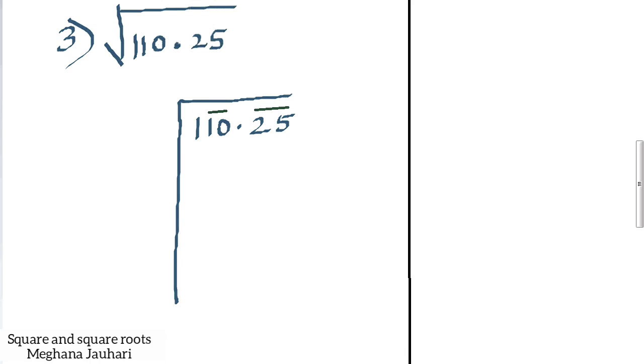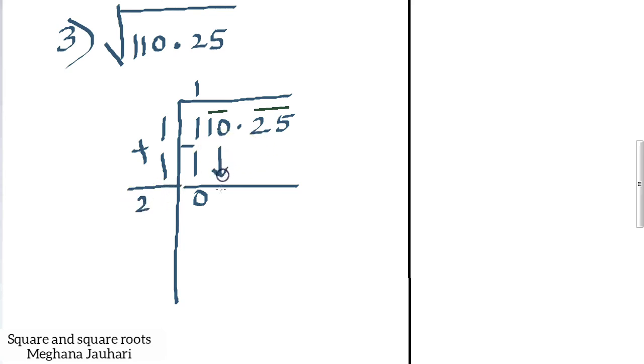We will find a number whose square should be less than or equal to 1. We will start from 1, then we will take 10 as our next pair. So 1 times 1 only is 1. So 1 minus 1 is 0, as you know. So now twice of 1 is 2, or 1 plus 1 you can also write like this, 2.